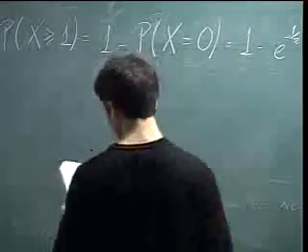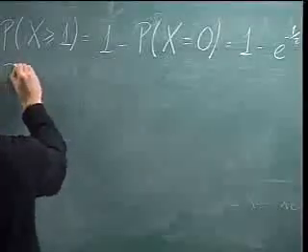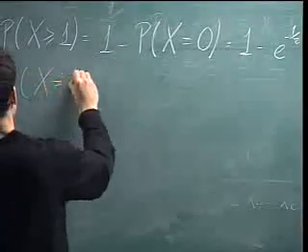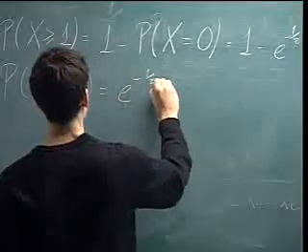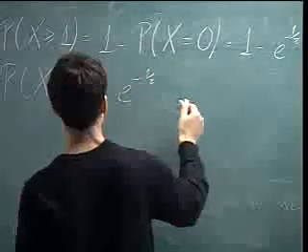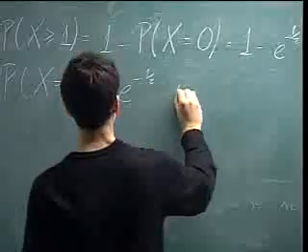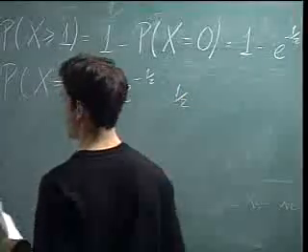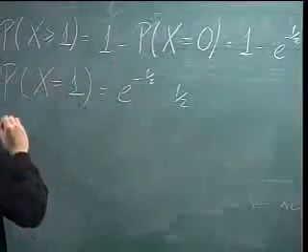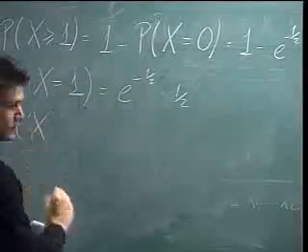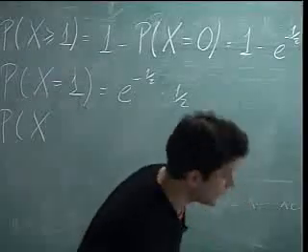And then what's the probability that we win exactly once? Well, that is just e to the minus 1/2 times 1/2. And what is the probability that we win at least twice?